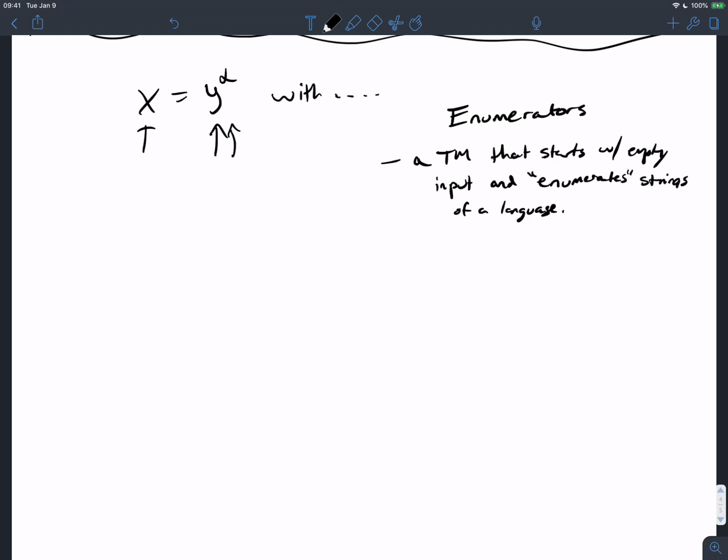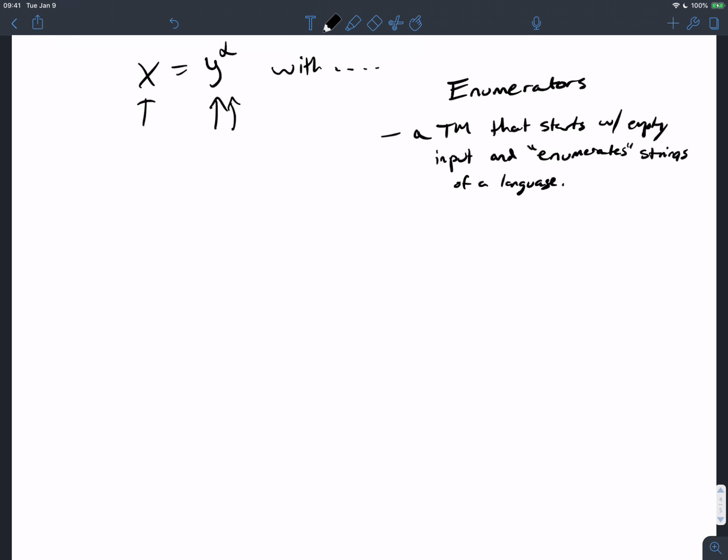So, for example, if we have a machine that just lists the members of sigma star, let's say in lexicographic order, or in some order close to that, then we can say that that machine is an enumerator for sigma star. So, for instance, if sigma is {0, 1}, so sigma star is all binary strings, then what we could do is list all the strings in sigma star, let's say in lexicographic order.